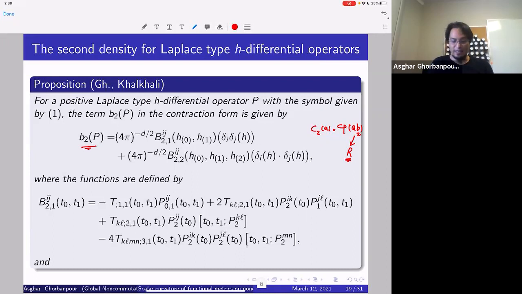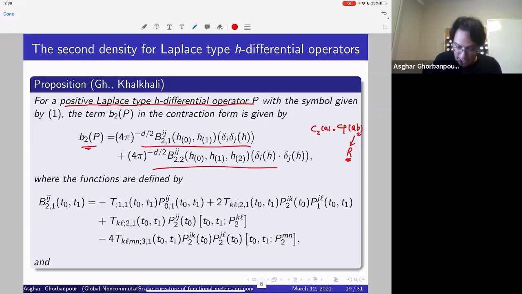Now we can calculate those for any positive Laplace type differential operator. We call those ones H differential operators. And the calculation now can be done in very general form. These functions can be found in terms of the original symbols that we started with.